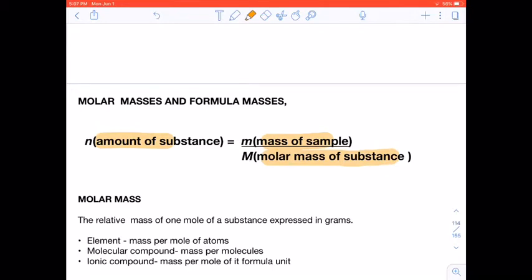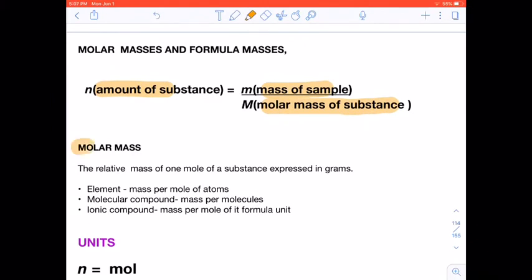So if you remember earlier, I had spoken about the mole of the substance because I didn't yet introduce the concept of molar mass. So here, molar mass is the relative mass of 1 mole of a substance expressed in grams, right? If we're dealing with an element, then it is a mass per mole of atoms. If I'm dealing with a molecular compound, then it's a mass per mole of molecules. Or if I'm dealing with an ionic compound, then it's a mass of the formula unit.